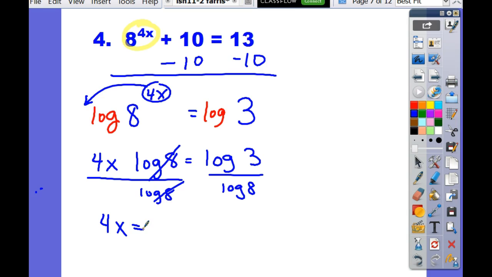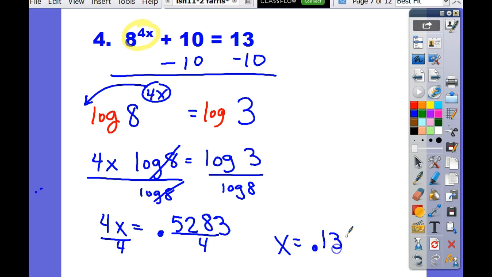I'm going to put the log of 3 divided by the log of 8 in my calculator. I'm solving for x. What am I going to do with the 4? Divide by 4, and x equals 0.1321. Do you have a question?